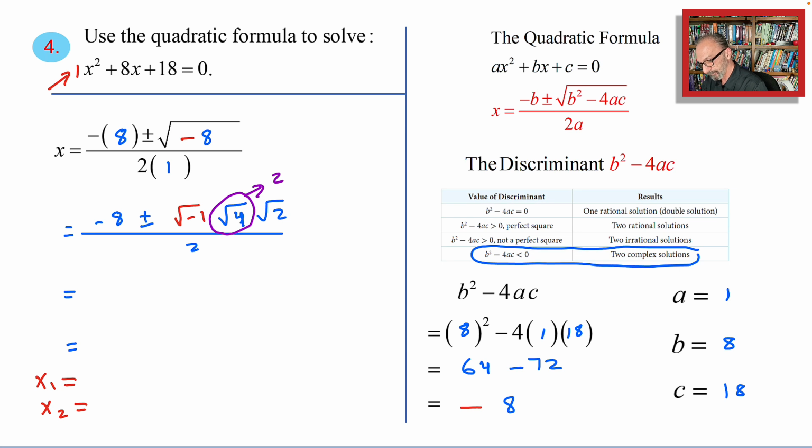That will give me the following: negative 8 plus minus square root of negative 1, which is an i, square root of 4, which is 2, and square root of 2, we leave it because we don't want to write a non-repeating, non-terminating decimal, over 2.